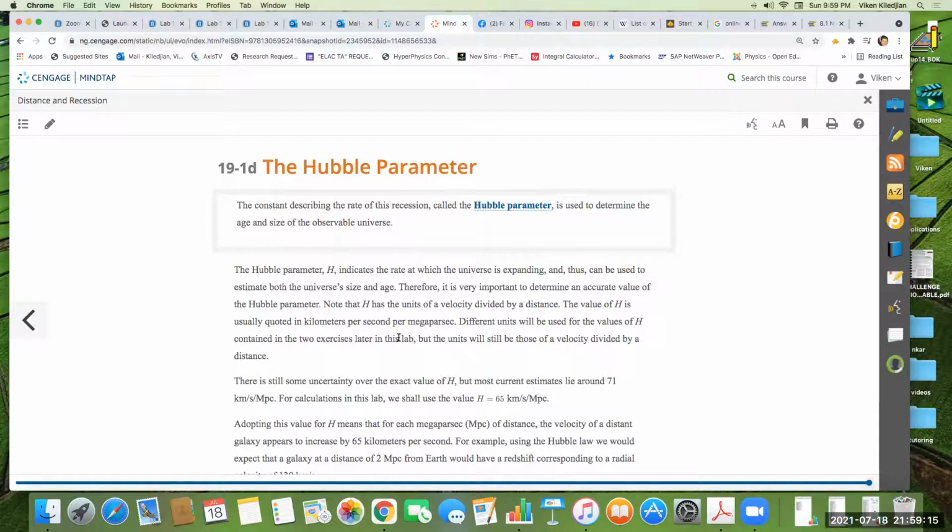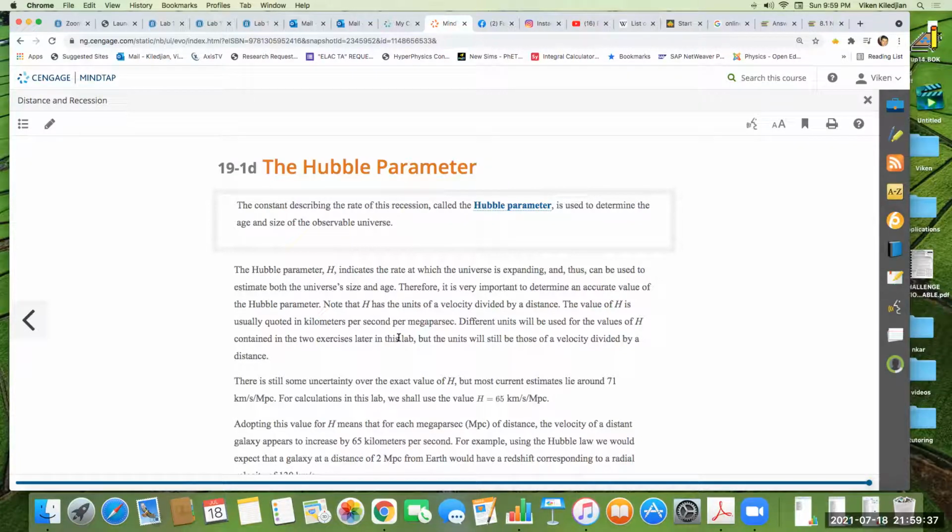Note that h has the units of velocity divided by distance. The value of h is usually quoted in kilometers per second per megaparsec. Different units will be used for the values of h contained in the two exercises later in this lab, but the units will still be those of velocity divided by distance.